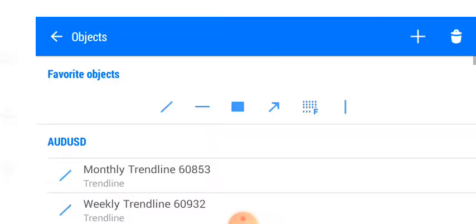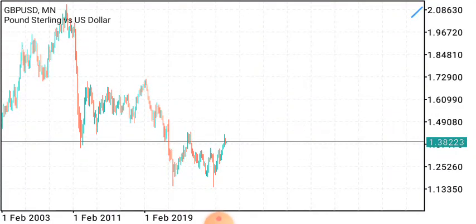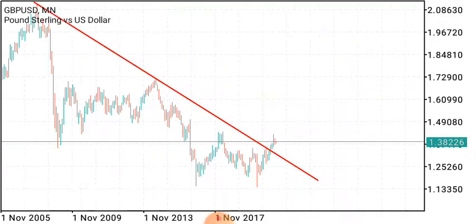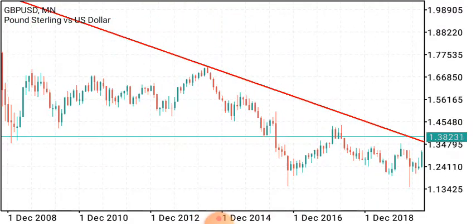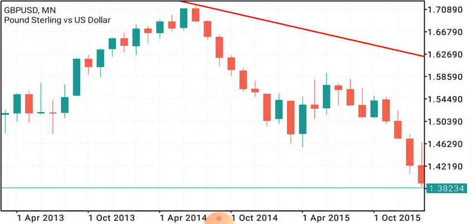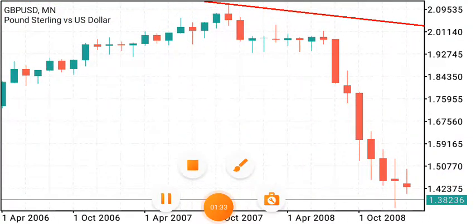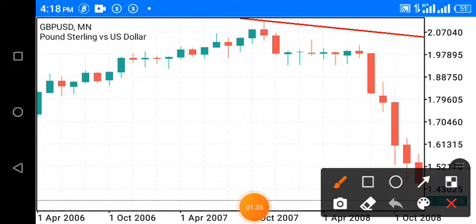So if I pull out my trend line now, I want to know where the trend is right now. So I just pull out my trend line and I will draw it to pass through there so that I can have my first touch here.